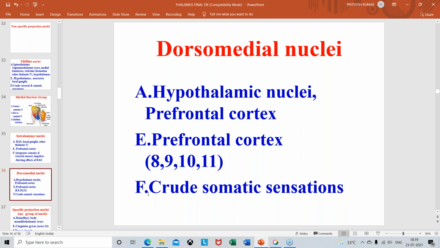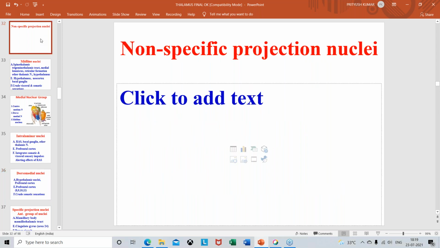And they are concerned with crude somatic sensation. So you can notice they project to a wide area, not a small area. Hence, the midline nucleus, intralaminar nucleus, and dorsomedial nucleus are referred to as non-specific projection nuclei.